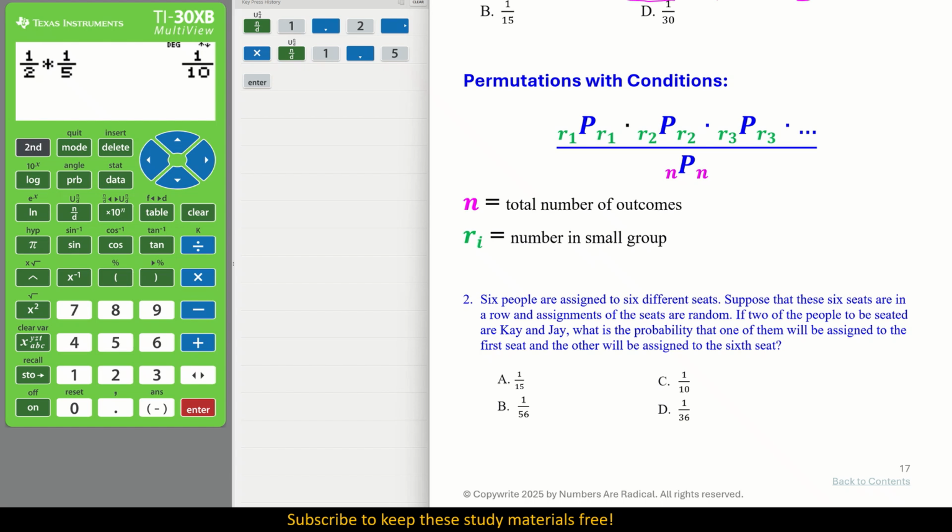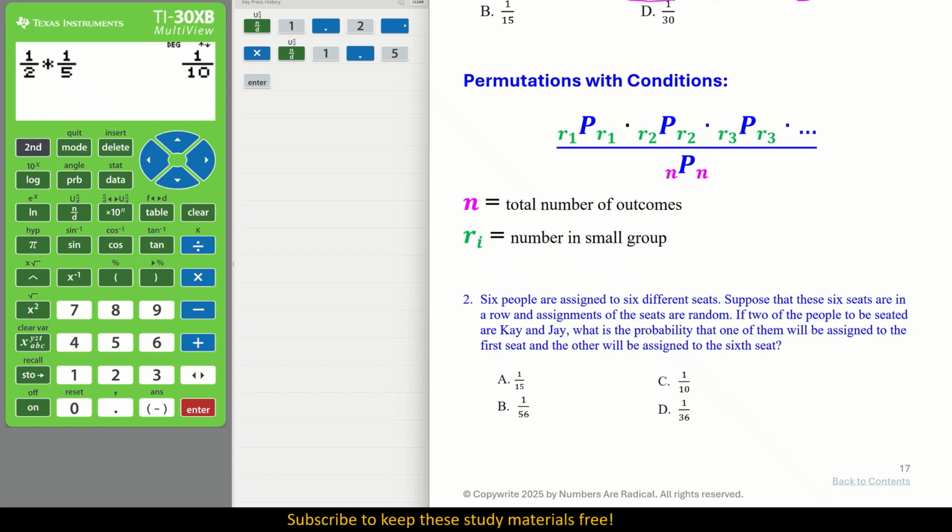If 2 of the people to be seated are K and J, what is the probability that one of them will be assigned to the first seat and the other will be assigned to the 6th seat? The first and 6th seat, that's just there to confuse you.